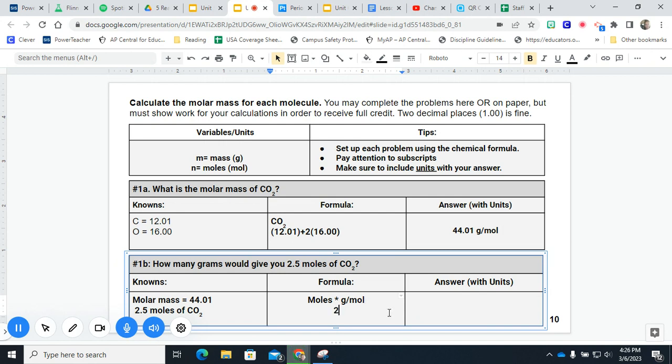So in this case, it will be 2.5 times 44.01 grams per mole, and the total would be 110.02, and the units would be grams, like we see here.